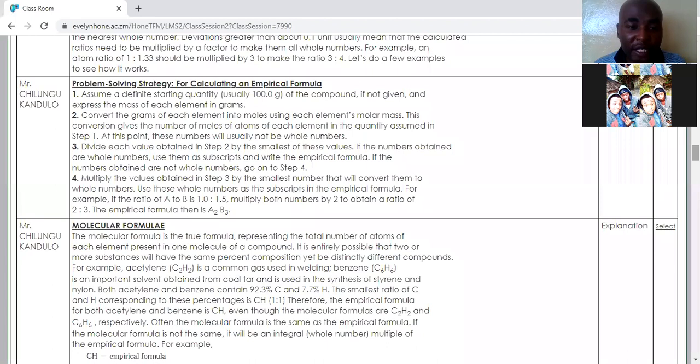Now, if after dividing you find, say, a ratio of 1 to 1.5, guys, the only ones that are acceptable are when you find something like 2.1 or 2.0. Once you go beyond that, it's not advisable that you round off. You must find a factor that will make everything a whole number. I'll explain this with an example.